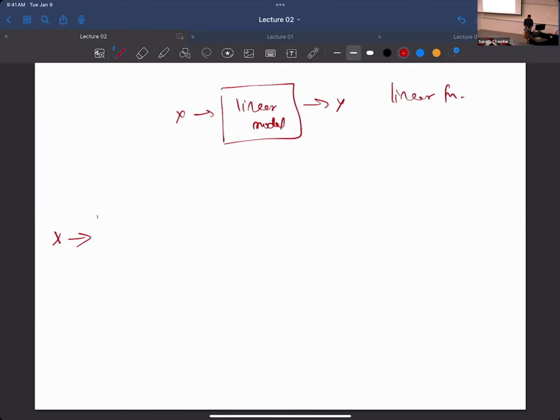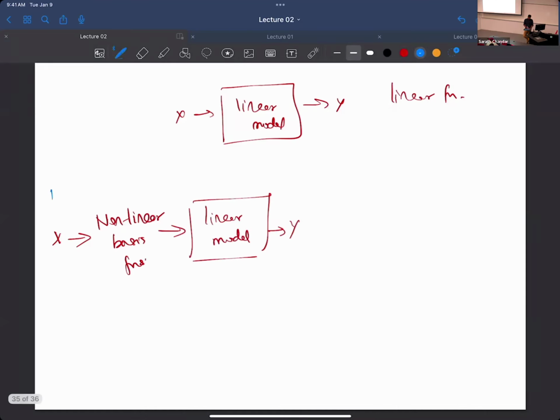These features are called nonlinear basis functions. Then I was feeding these nonlinear basis functions to the usual linear regression model, which gave me some Y. Now this whole thing actually became a nonlinear function.